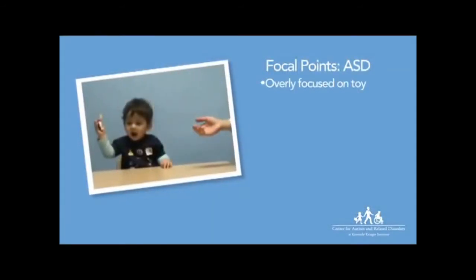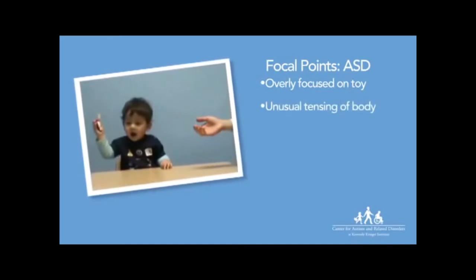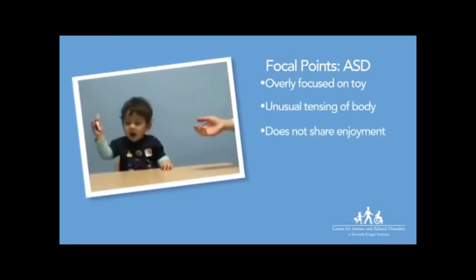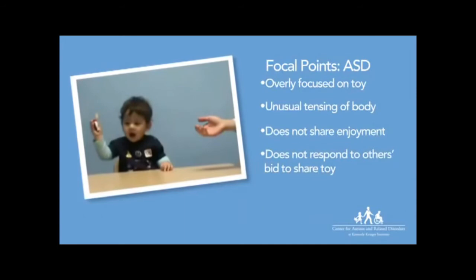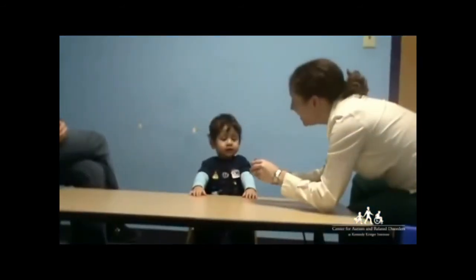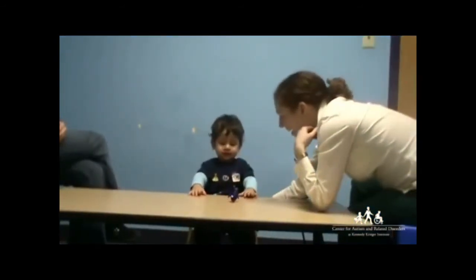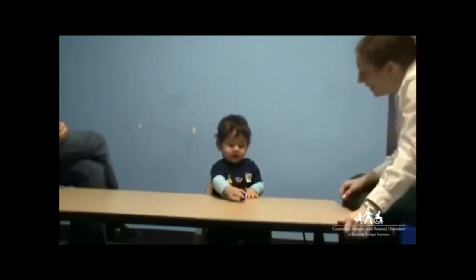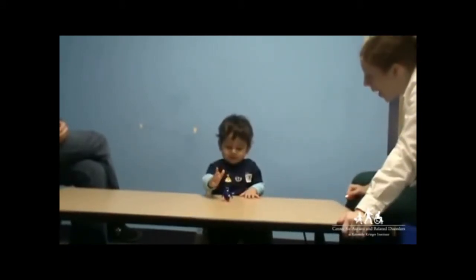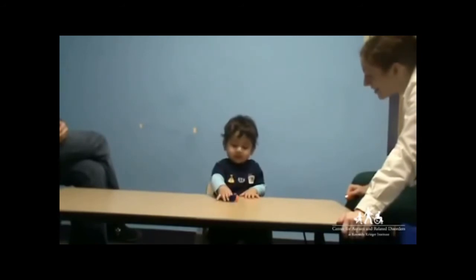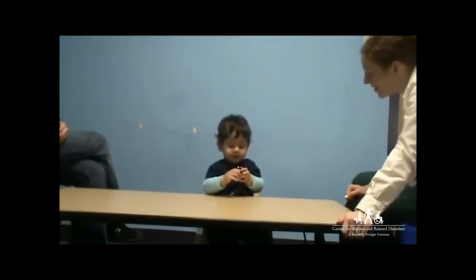This 14-month-old child shows signs of ASD. Notice how his attention is so focused on the toy that he does not interact with the people nearby. He does not share his attention with others. His exploration of the toy is also unusual.